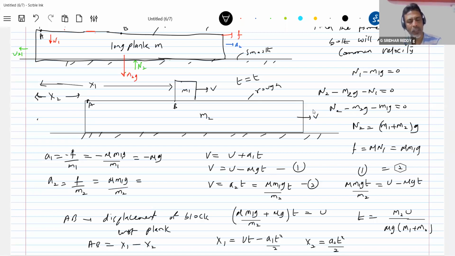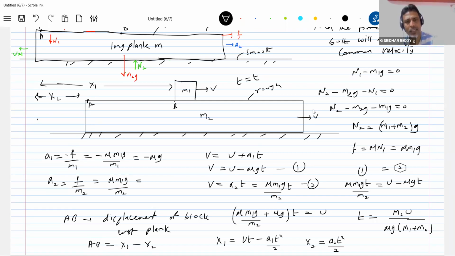So if you give velocity to the block, there's one basic condition that we applied. Similarly, sir, I'll give velocity to the plank. Then get the direction of friction acting on the block and the plank with the help of relative velocity. Then see what conditions will arise.